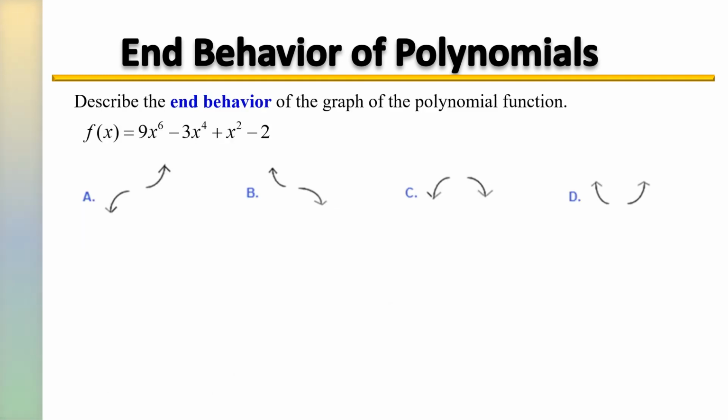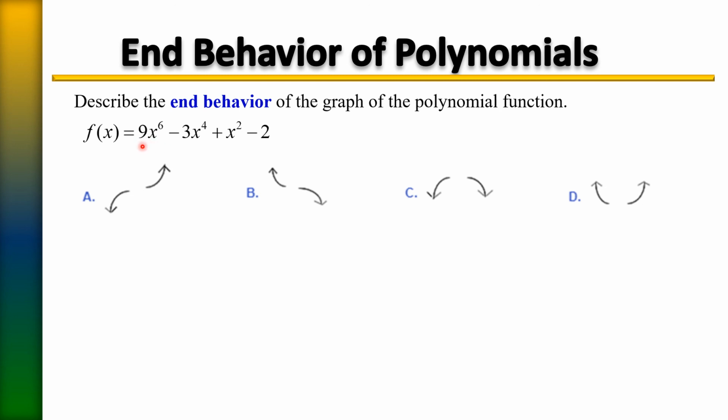In this example, we're asked to describe the end behavior of the graph of the polynomial function f of x equals 9x to the 6th power minus 3x to the 4th power plus x squared minus 2. Again, we want to look at the leading term.